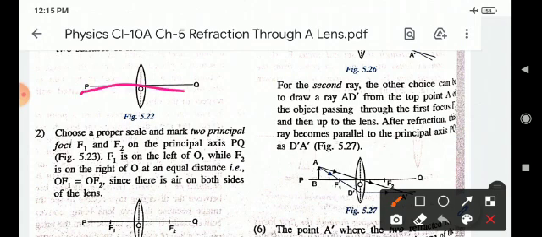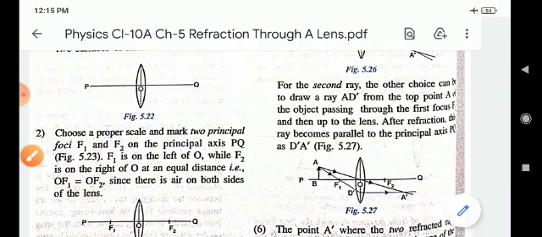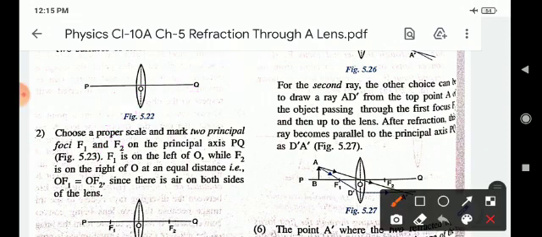Draw a line PQ across the paper. Name it the principal axis. Choose a point O on the principal axis as the optical center. Draw the convex lens and its principal section by a vertical line passing through O. That is this point.